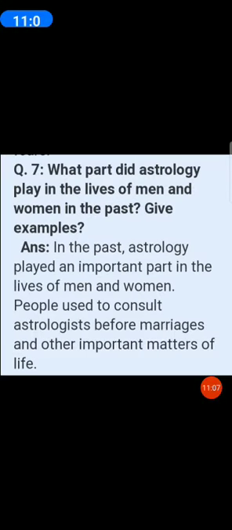Question number 7. What part did astrology play in the lives of men and women in the past? Give examples. Astrology is a branch of knowledge through which the movement and rotation of stars is noted and which is related with the lives of people.